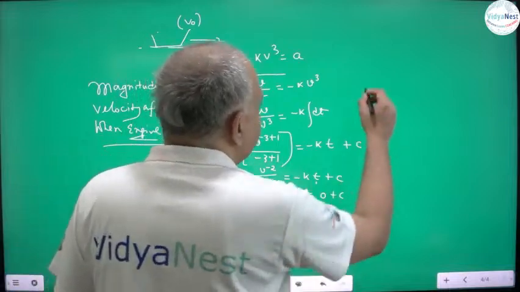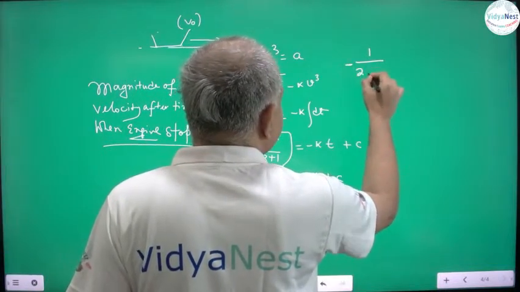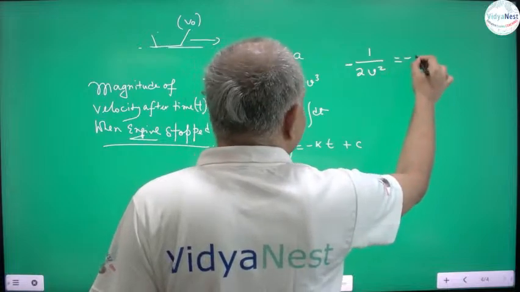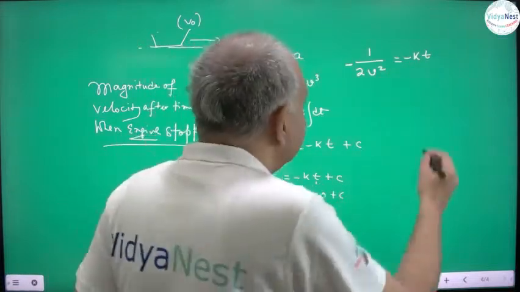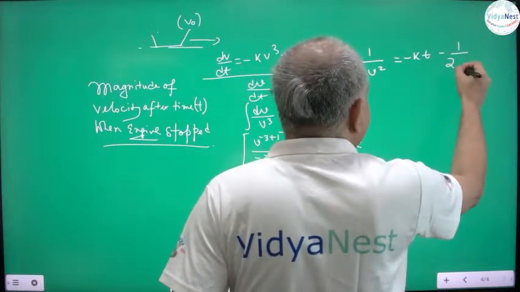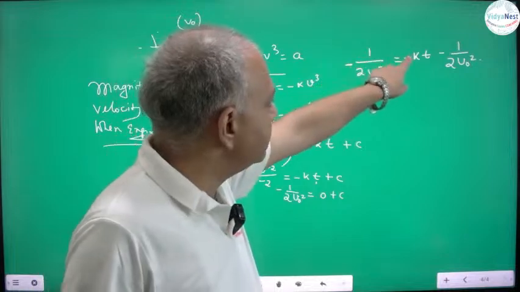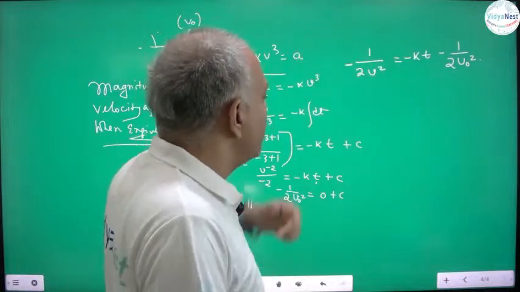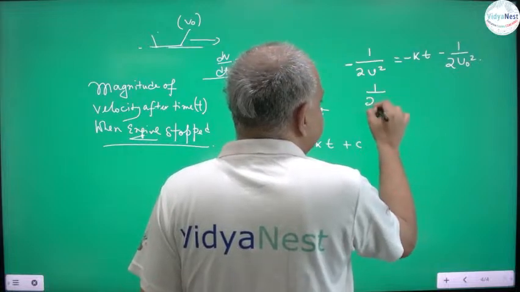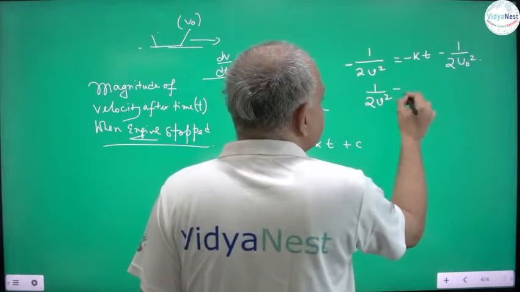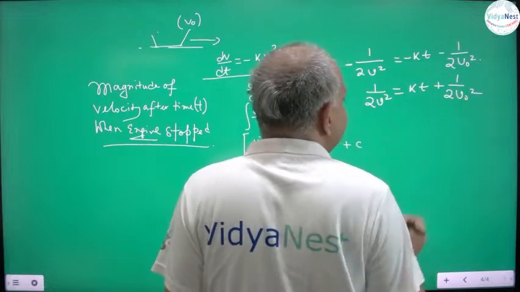That's why we can write 1 by minus 2 v square is equal to minus kt, and the value of the c is equal to minus 1 by 2 v naught square. So here is negative, here is negative, each and every one is negative. So we can cancel the negative sign on both sides: 1 by 2 v square is equal to kt plus 1 by 2 v naught square, isn't it?